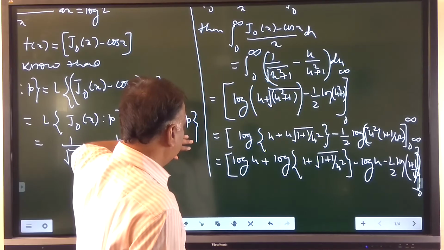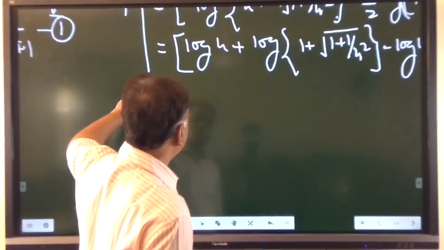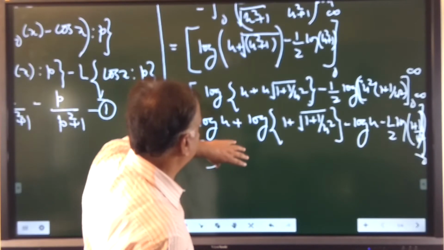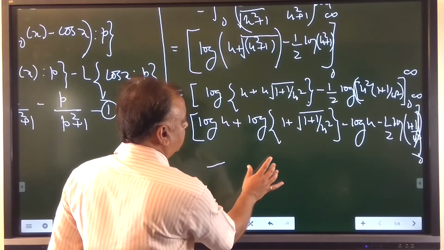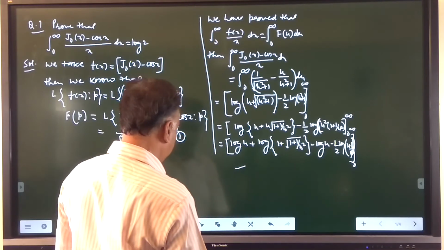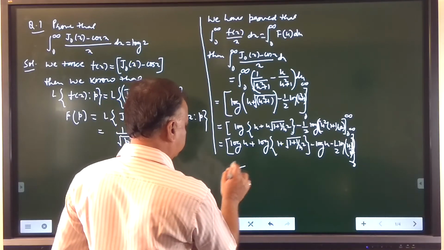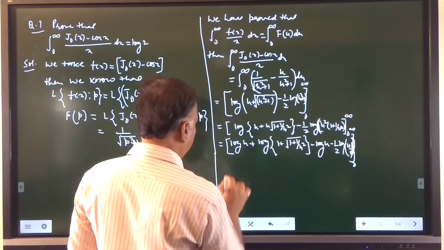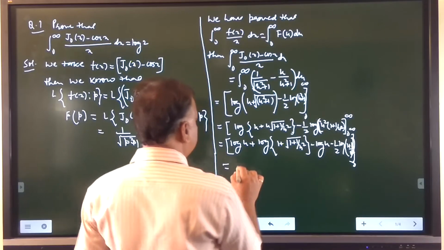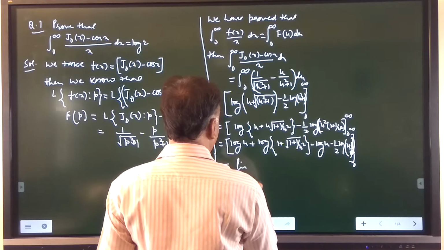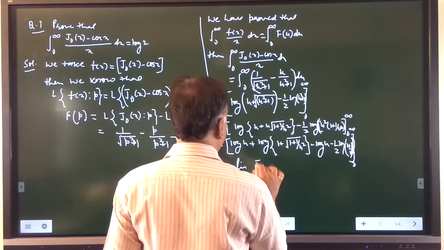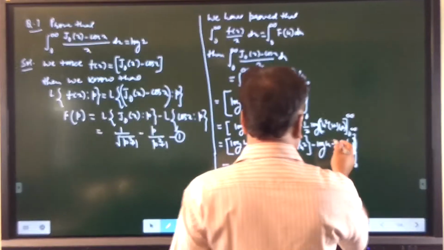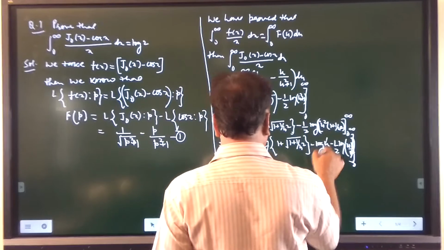So if we solve this one, we get the limit as u tends to infinity, log of u and log of u are cancelled.